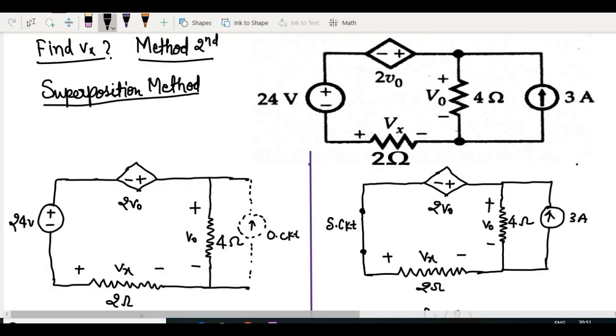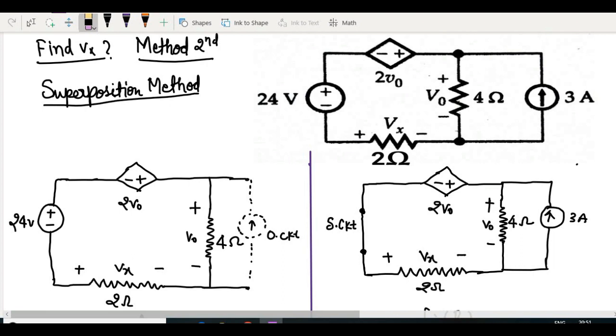Hello friends, here we will calculate the value of Vx by using the superposition method. In this method we take individual sources. First we take the 24 volt source, then we take the 3 ampere current source.